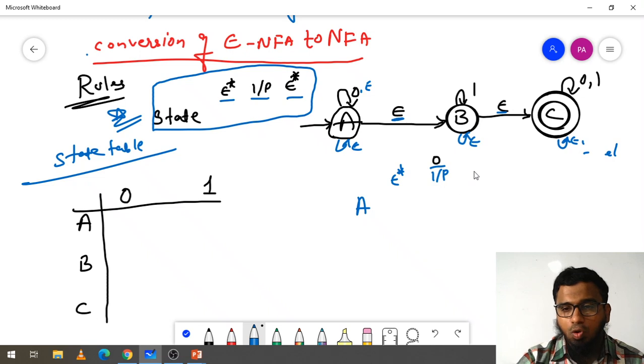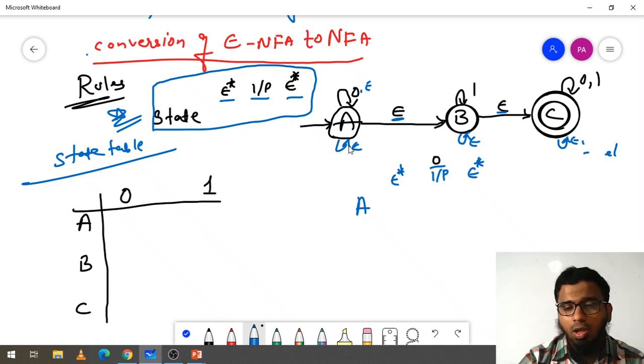Then epsilon closure. So A on epsilon closure, what does it mean? With this graph, as I told you, every state on epsilon is going to itself.